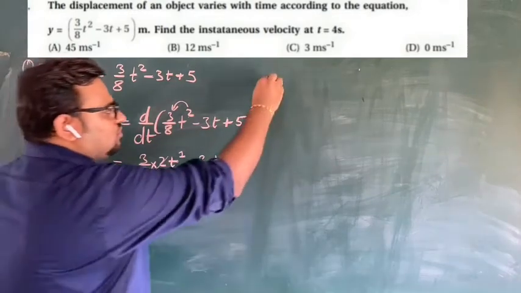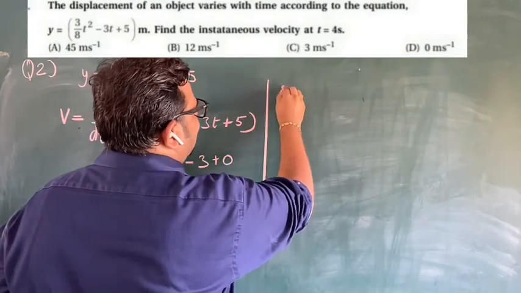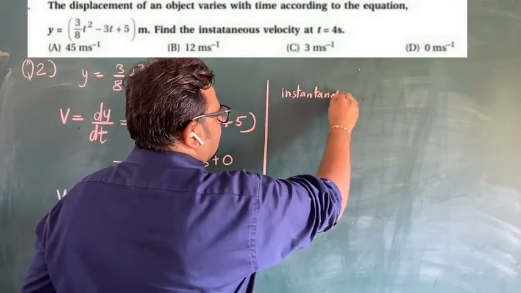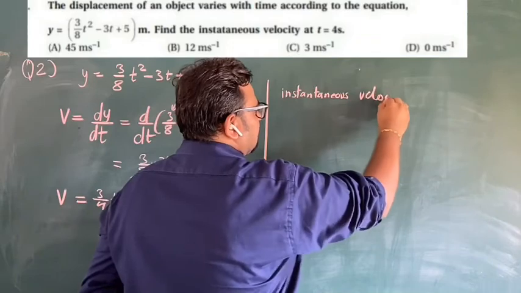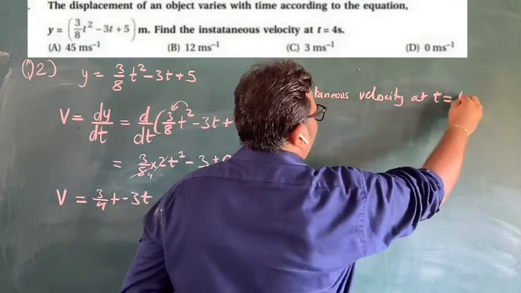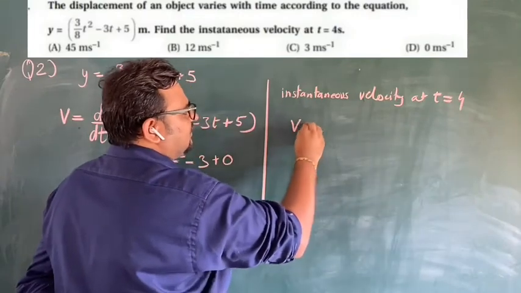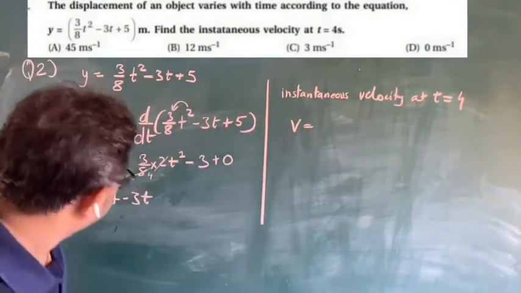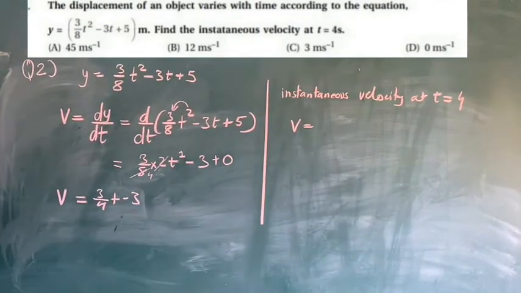Clear? So the instantaneous velocity at t equal to 4, v will be equal to, just put in the value here. Sorry, it's my mistake, it's minus 3, not 3t.